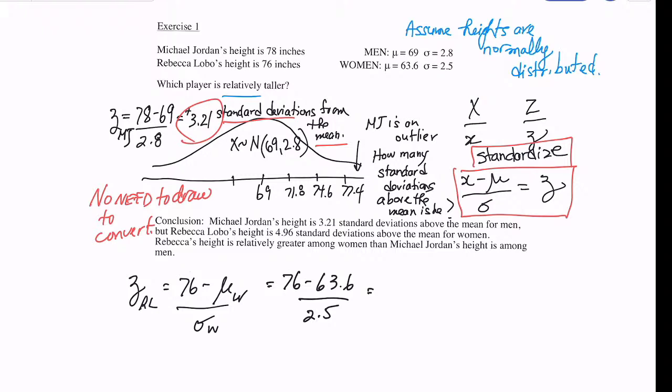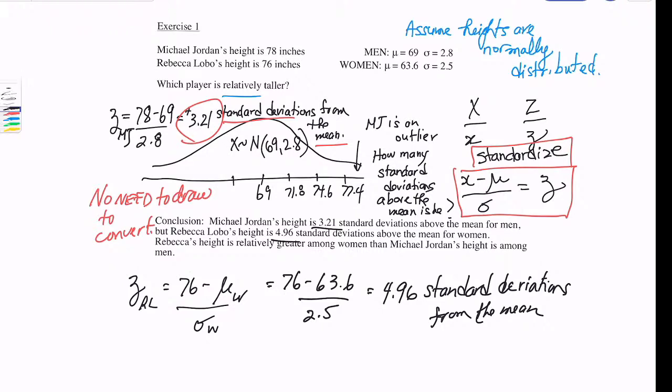And you get 4.96, just like I told you in the answers here. And this is also standard deviations from the mean of women. So relatively speaking, since 4.96 is greater than 3.21, Rebecca Lobo is taller.